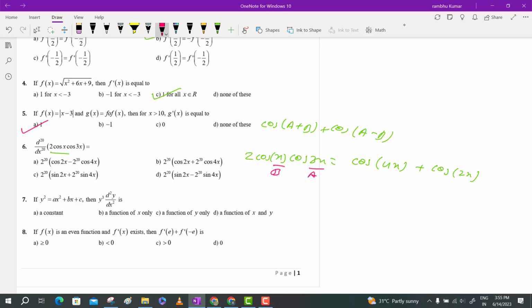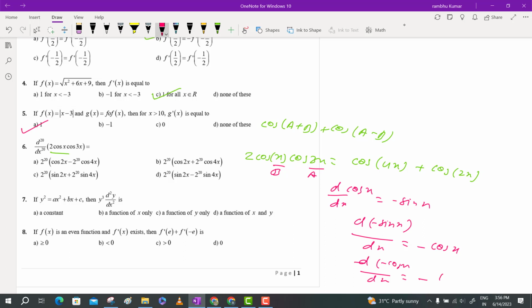Okay. Now all of you know derivative of cos x is minus sin x. Now derivative of minus sin x is nothing but minus cos x. Now derivative of minus cos x is nothing but sin x.